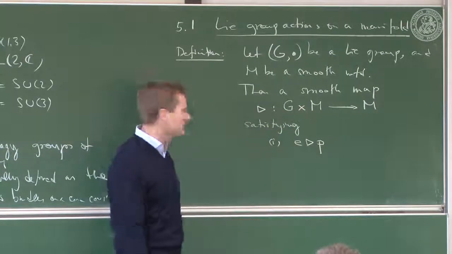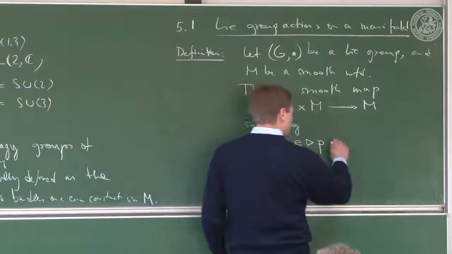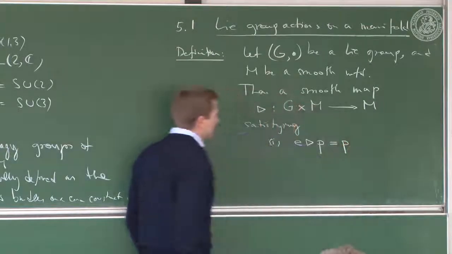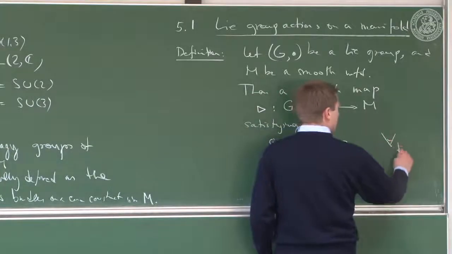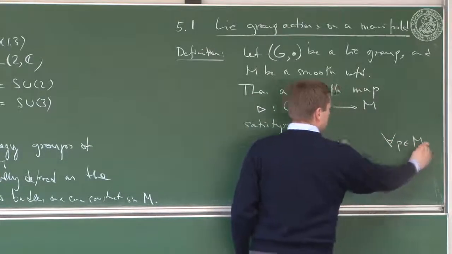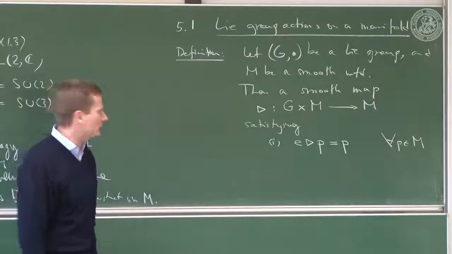Okay, it's like the addition, you know this from elementary school. So that actually if the identity acts, that yields P again for all P in the manifold, so the identity does nothing.